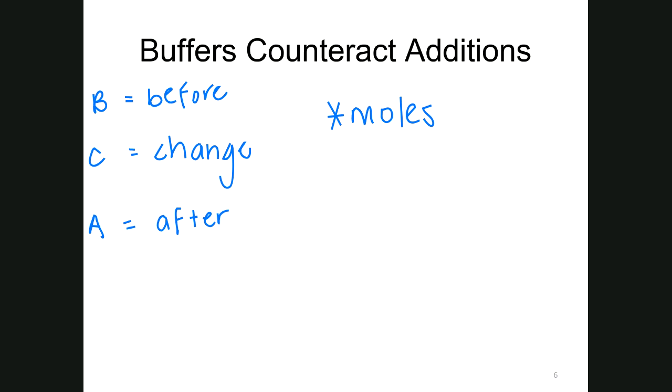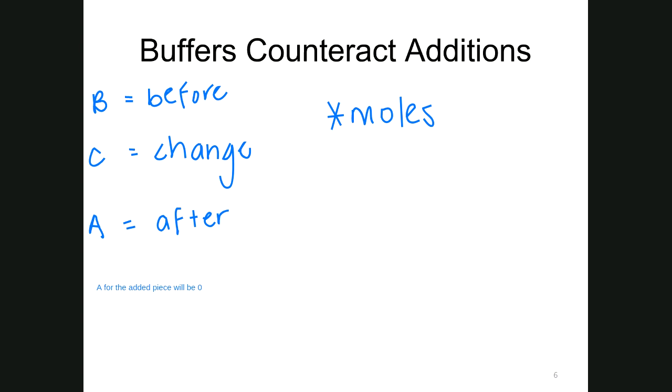Now, one other thing that I want to point out is that A, for the added piece, so that's usually the strong acid or the strong base that was added to the buffer, will be 0.